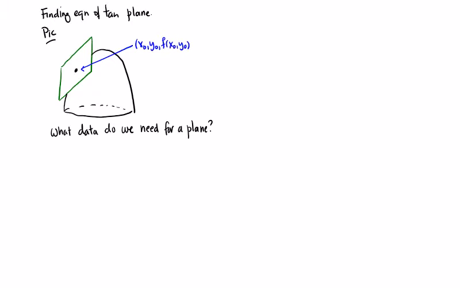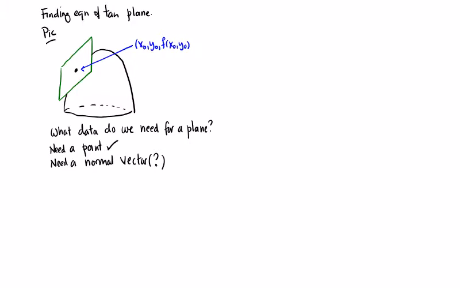So the answer is we need a point and a normal vector. You may need to look back at chapter 11 to remind yourself of that. We need a point, which we have, and we need a normal vector, which we don't have.